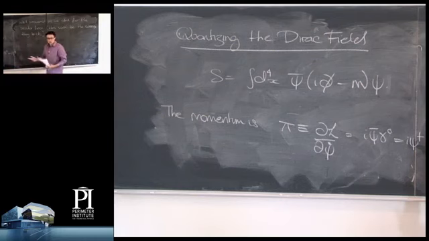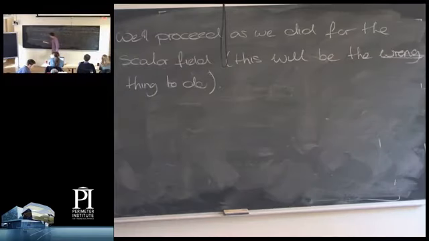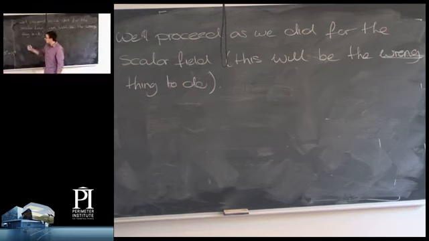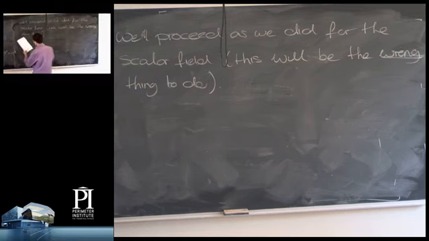Okay, so what do we do for the scalar field? We have a field, which is a function of space and time, and we have a momentum, which is a function of space and time. And what we did for the scalar field was we imposed canonical commutation relations between position and momentum, field and itself. We first are going to work in the Schrödinger picture instead of the Heisenberg picture. So now in the quantum theory, psi and pi become functions just of space and not of space-time. We'll go to the Heisenberg picture later. Okay.